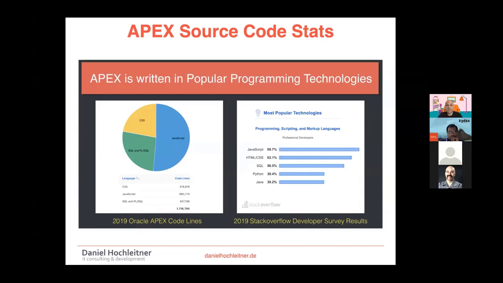It would be nice to have that knowledge to use it on the client side too. And on the right side, you will see the statistics of Stack Overflow in 2019. It shows that JavaScript, HTML, SQL are the top languages among the programming languages. So basically, this is all Apex uses today, right?